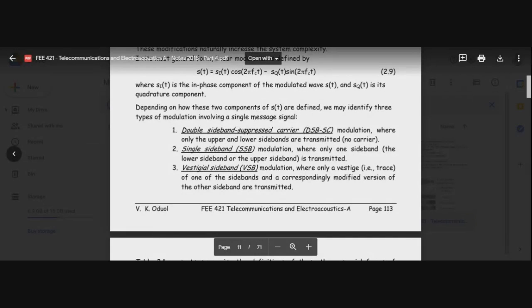There are problems with that, and so we resort to vestigial sideband in order to make sure that we have practical filters that can be built with practical components. So that's a very good outline of what to expect in amplitude modulation.